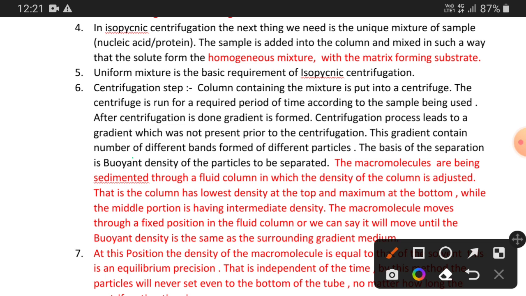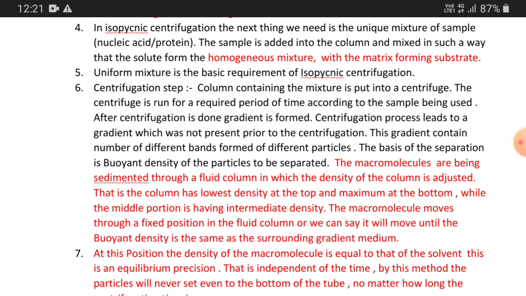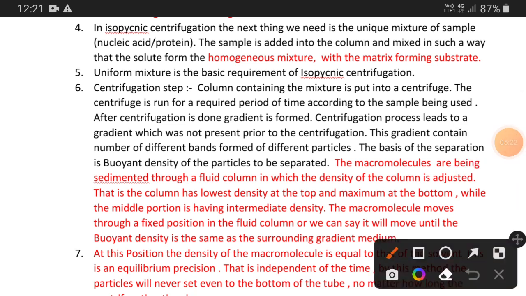It will go on for a certain time, then centrifugation will stop, and after centrifugation we will end up with a gradient that was not formed prior to the centrifugation.